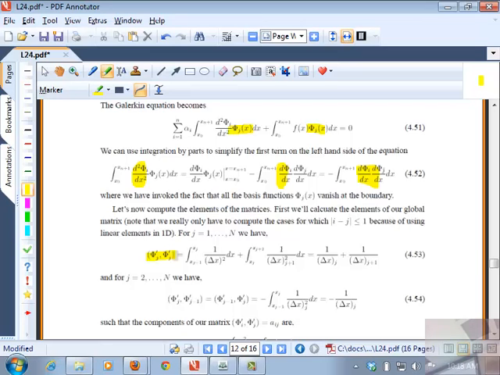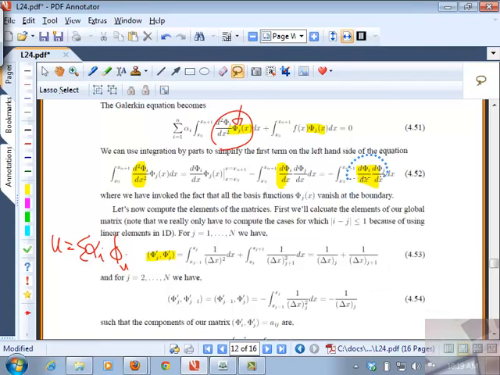So the alpha i's in the solution, remember, u is written as the summation of alpha i phi i. Okay? So when you plug it into the differential equation, you get the residual. You form the weighted residual using the test function as the basis function, and you do the integration by parts to reduce the second order derivative to a first order derivative, and you will have to evaluate these integrals.